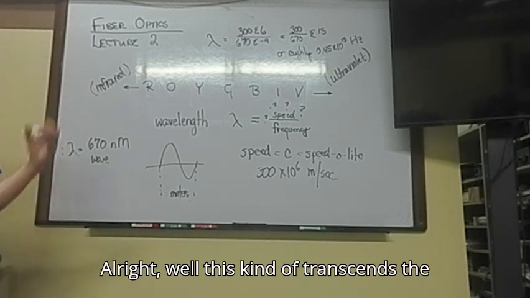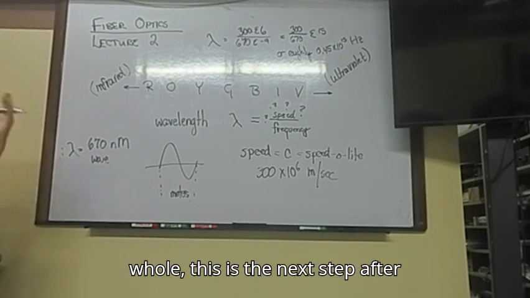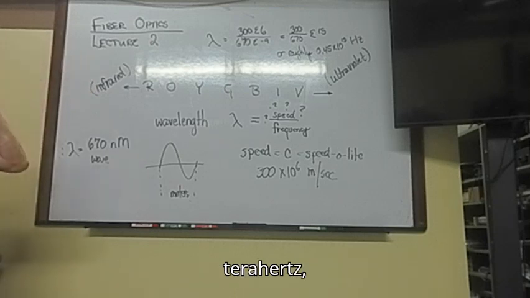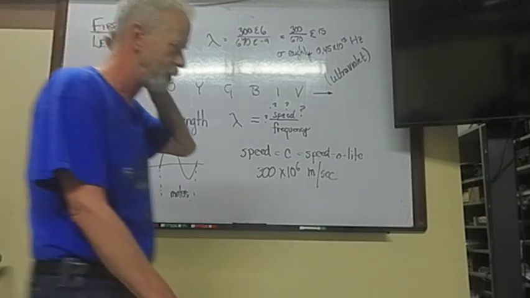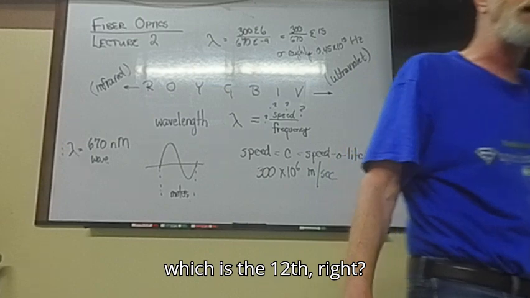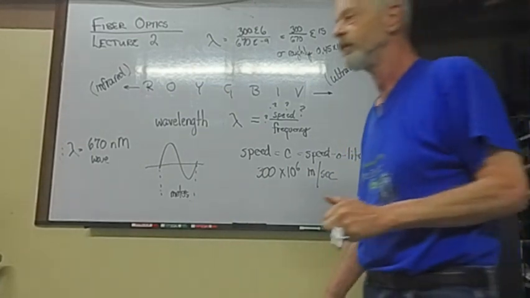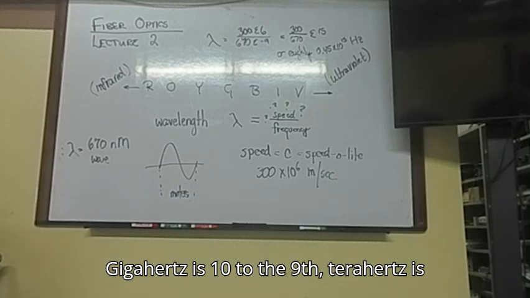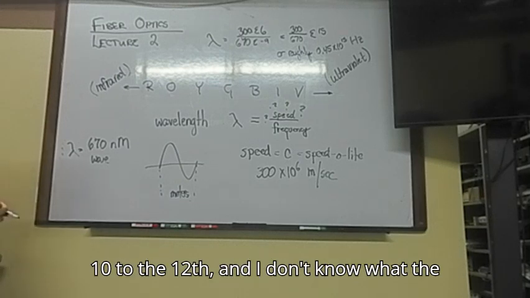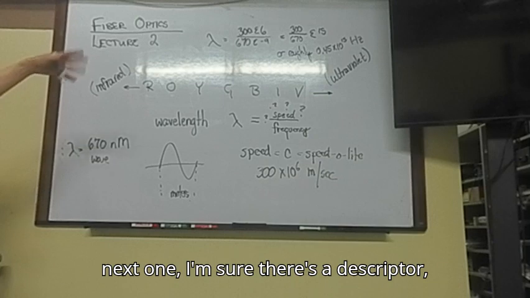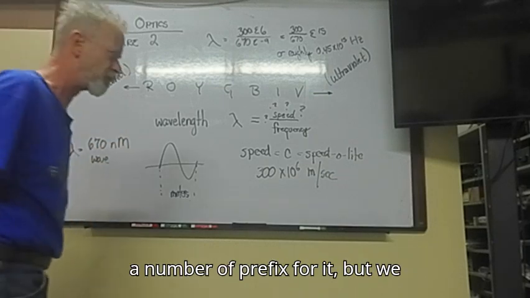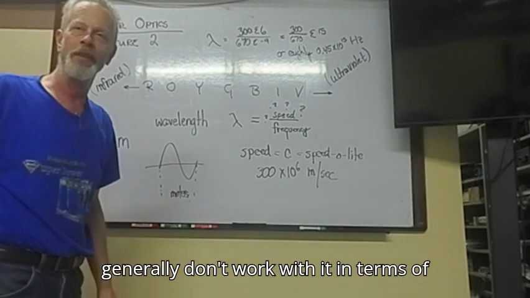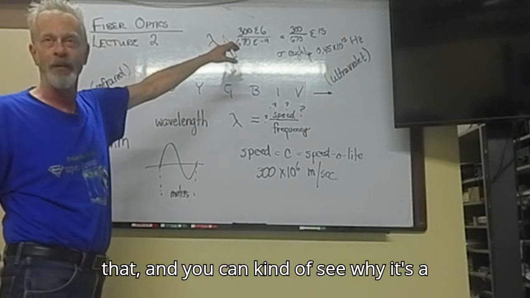All right, well, this kind of transcends the whole, this is the next step after terahertz, which is the 12th, right? Gigahertz is 10 to the 9th, terahertz is 10 to the 12th, and I don't know what the next one is. I'm sure there's a descriptor, a prefix for it, but we generally don't work with it in terms of that, and you can kind of see why.